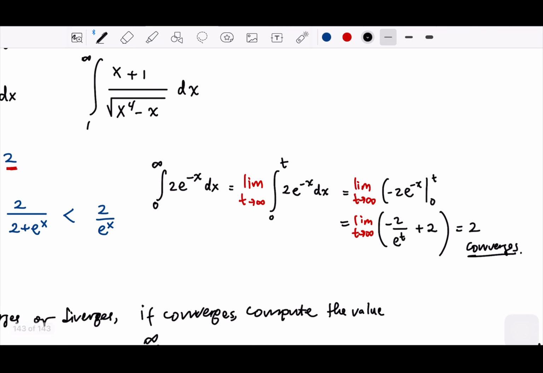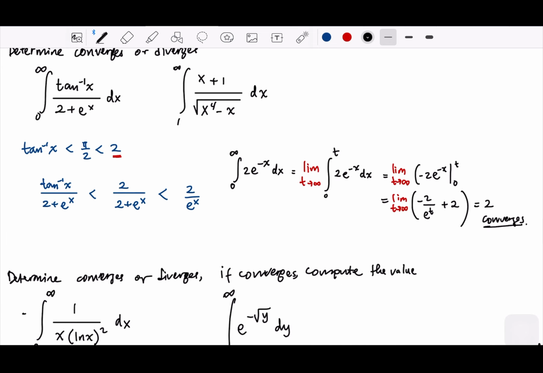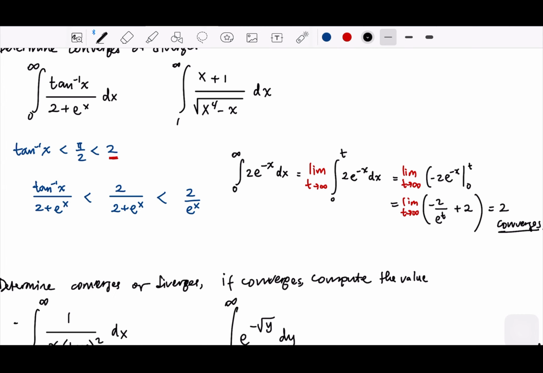Since this converges, then our tangent inverse x over 2 plus e to the power of x also converges, based on the comparison test.